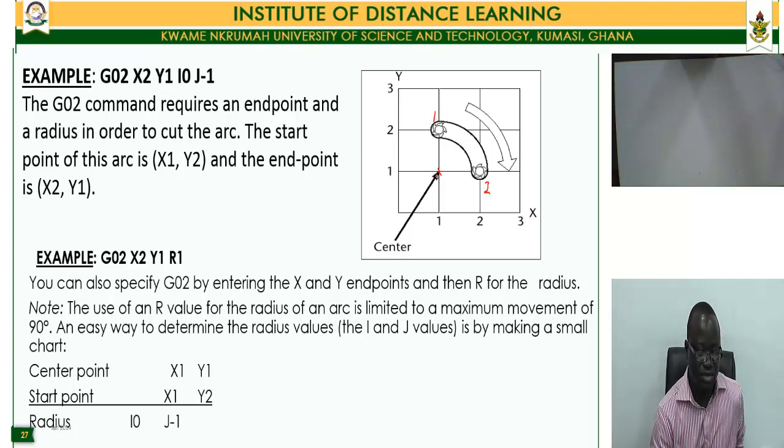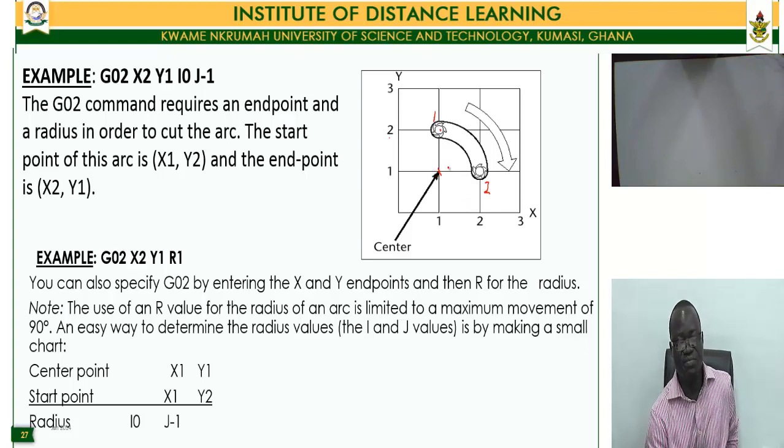So the center point is x1, y1, and the start point is x1, y2. We do a quick subtraction: 1 minus 1 is 0, and 1 minus 2 is minus 1.